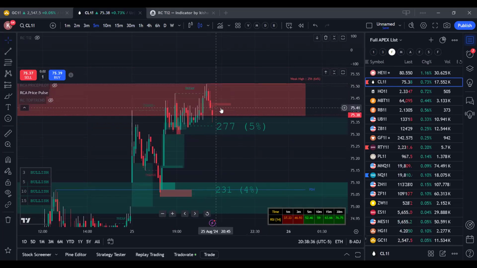It's creating the red fair value gap. That means more selling pressure started now.